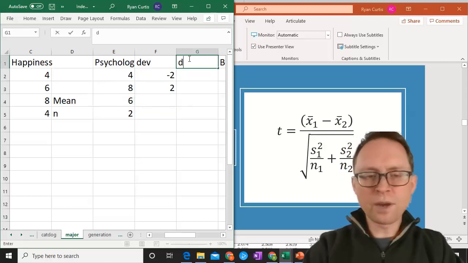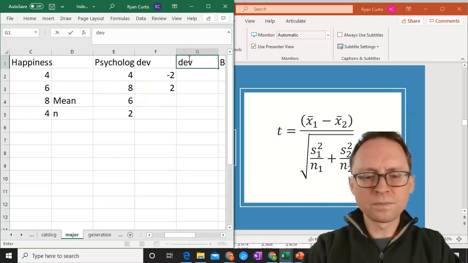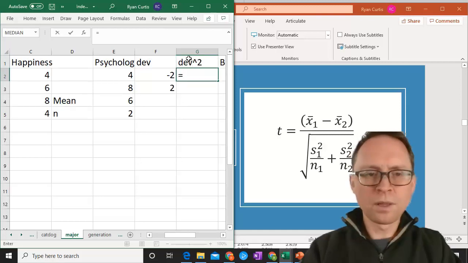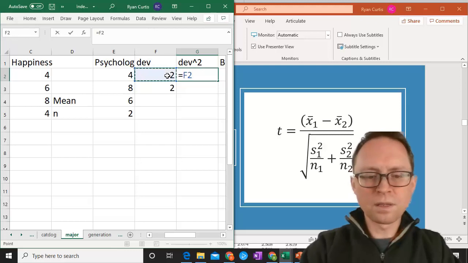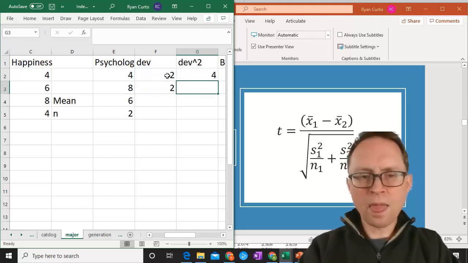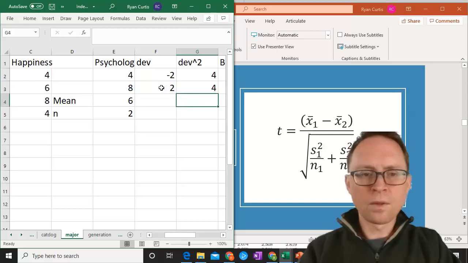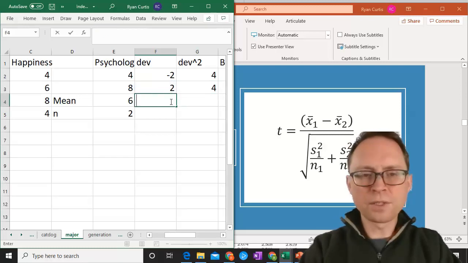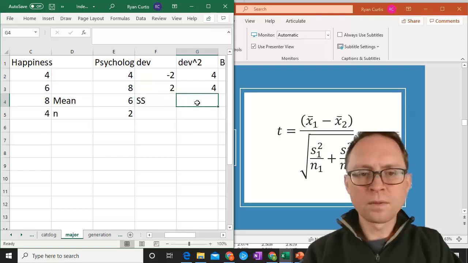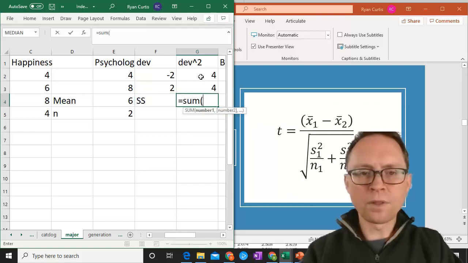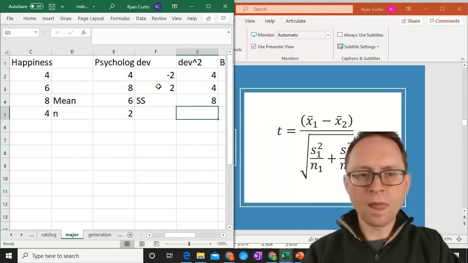The deviation squared, just like we always do, is this squared and this squared. When you add those two together, you get the sum of squares. So this is the sum of all the deviations squared right there.